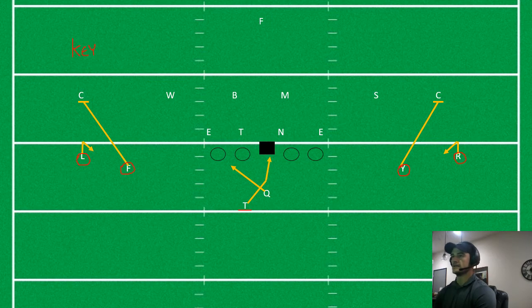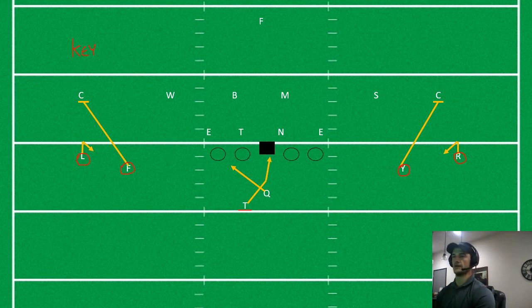called is we take a look, and so what would happen is, probably the easiest way to explain it is, if I were to call this play, I would call 2x2 left key, like I'm turning a key to a car, and hold up the number 1. So the way we have the numbering system in this tells you who is running the key screen.